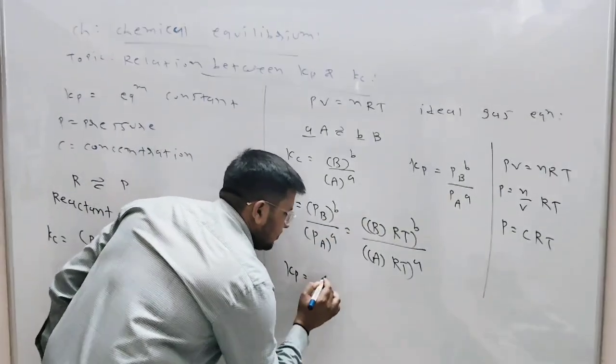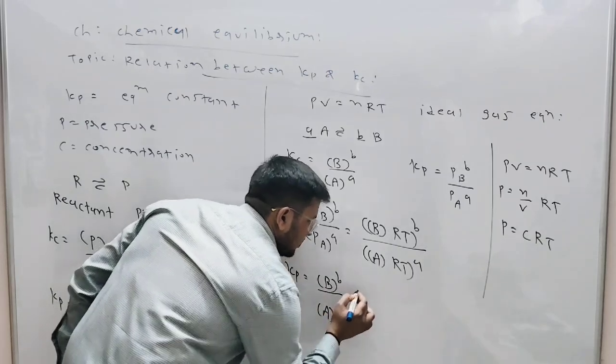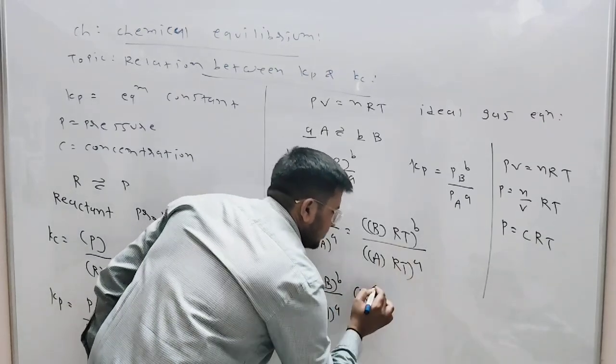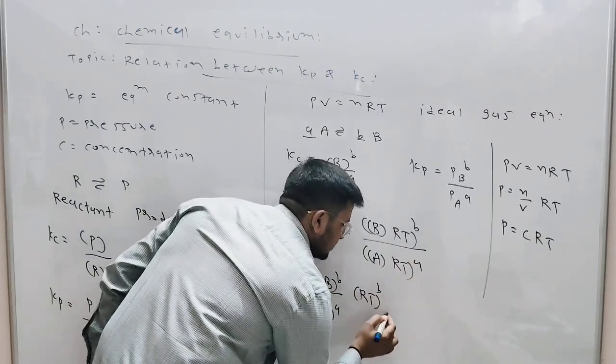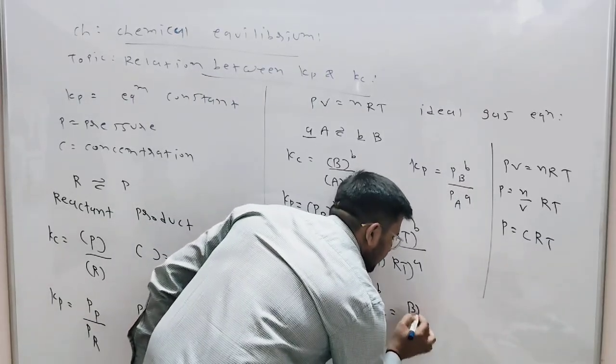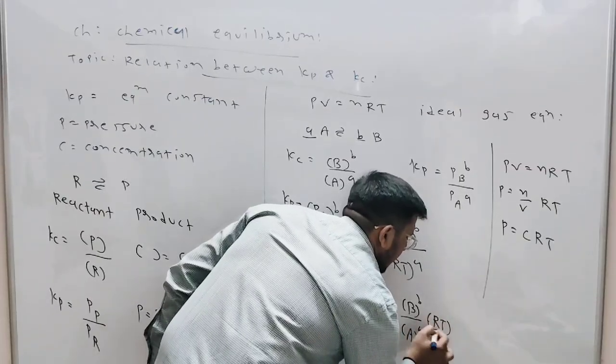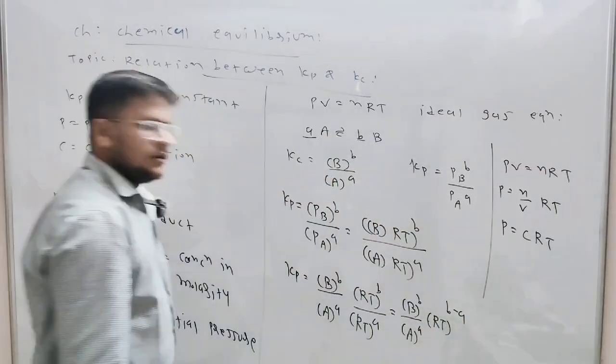If I take common the RT, the concentration of B raised to b, concentration of A raised to a, times RT raised to b minus a.